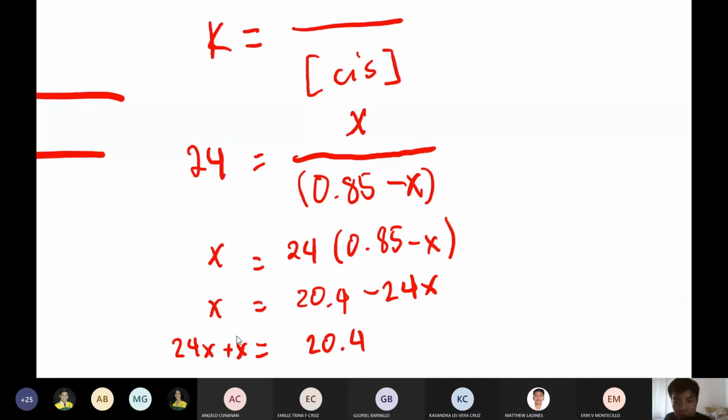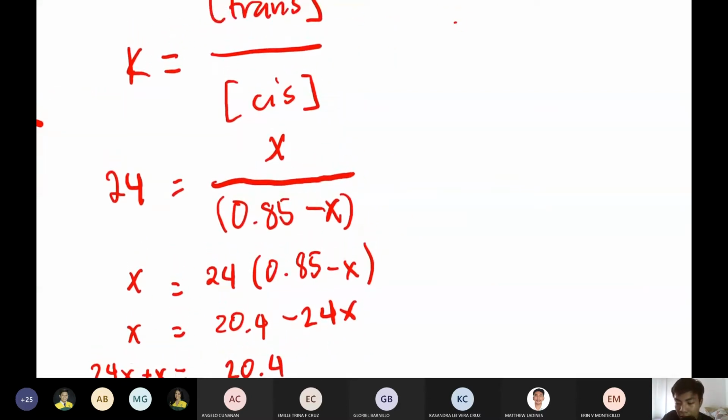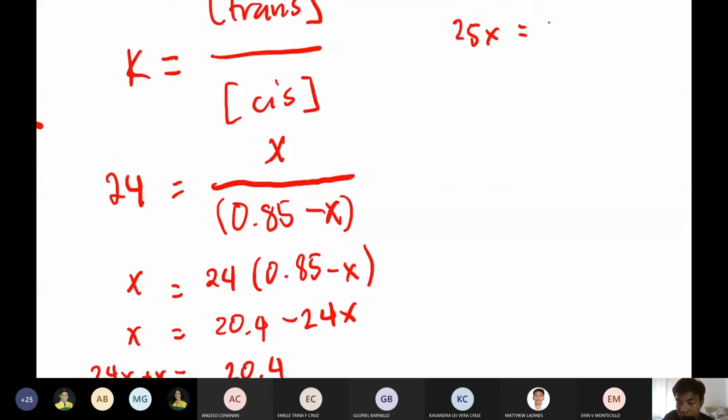What's 24x plus x? 25x. No? So we write 25x equals 20.4. So we solve for the value of x by dividing both sides of the equation by 25. Okay, so x value would be 0.816 molar.